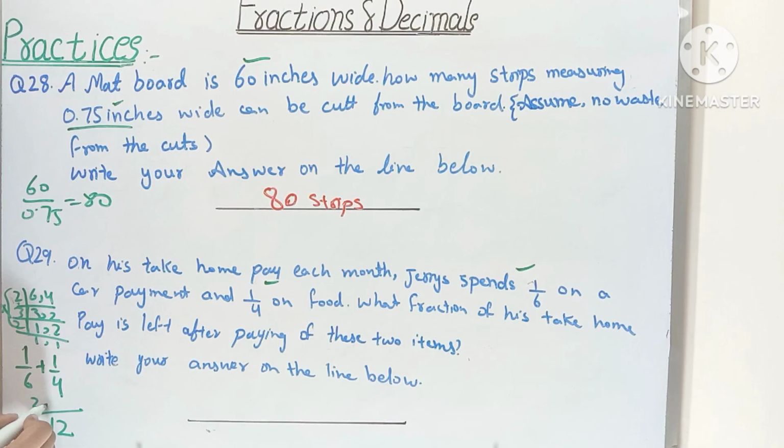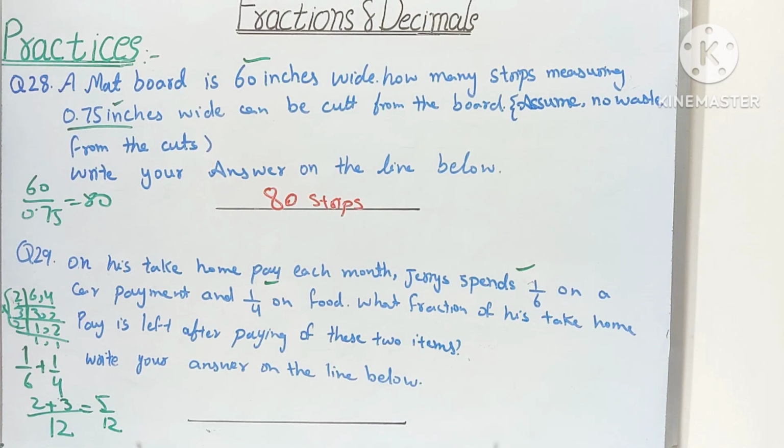Then 6 twos are 12, so I write 2. 4 threes are 12, I write 3. 5 over 12. If you want to completely understand the addition of fractions, how to change these denominators and then multiply with the numerators, I will show my video in the description.